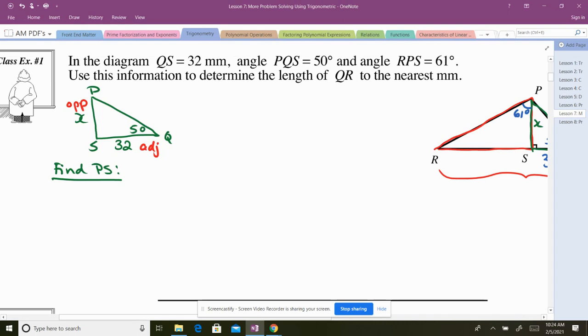What involves opposite and adjacent? Tan. So we go tan of 50 is equal to X over 32. What's tan of 50? 1.19.